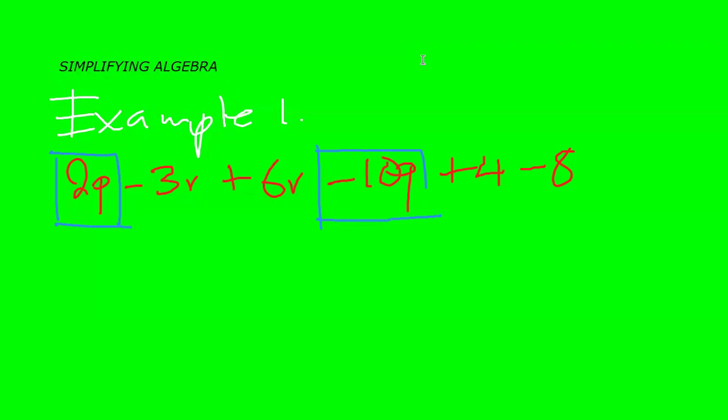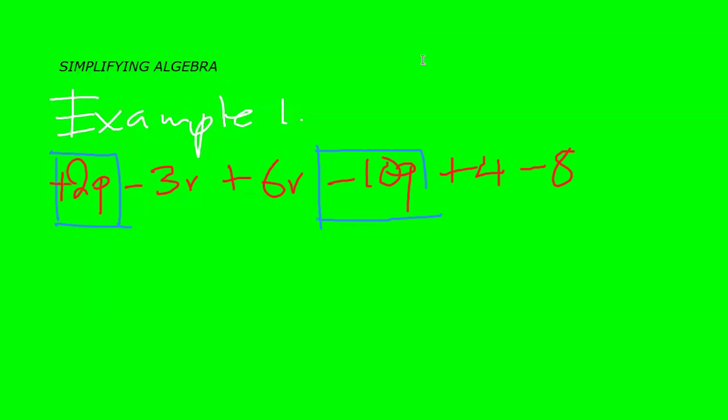Remember, every value has its own sign right before it. So for example, our 2p, though the sign is not there, actually has a positive sign. The negative that you have there, 3r, the negative sign belongs to the 3. So every value has its own sign before it. So the negative 10 is for the p.